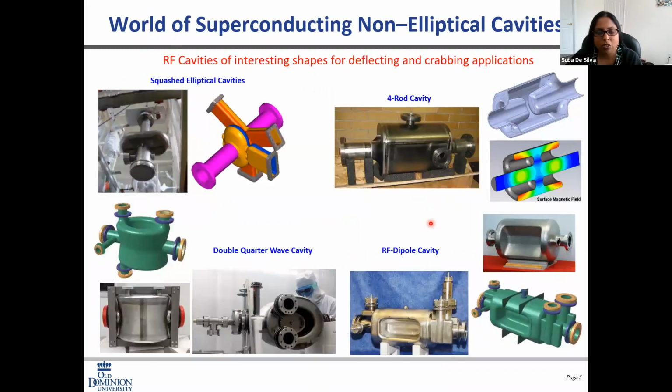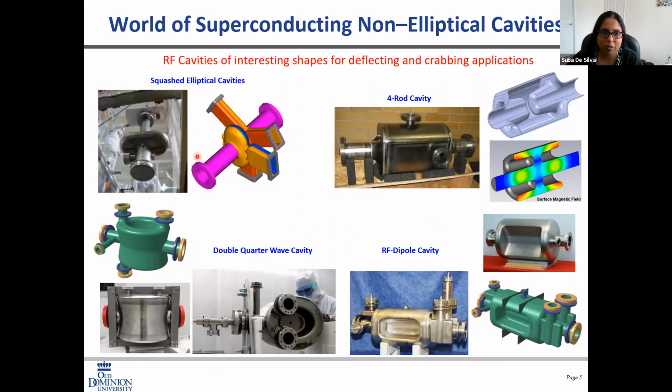Then we come to these interesting shapes where we use them to deflect or crab particle beams. So it's not to give energy to the beam, but to deflect or bend the beam, or crab the beam. I will explain later what these applications mean.